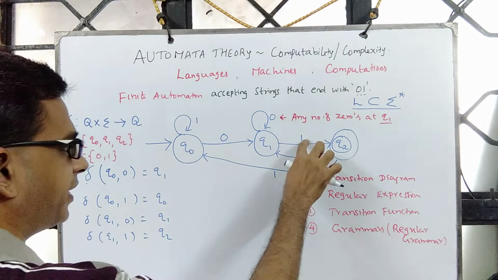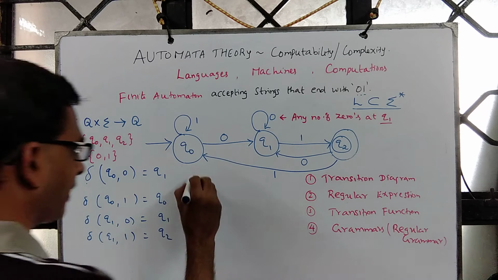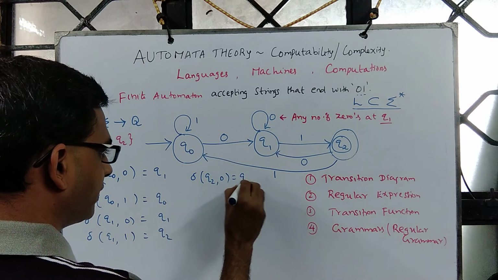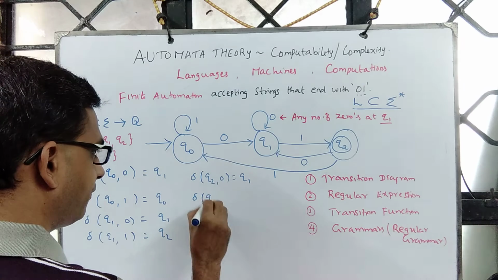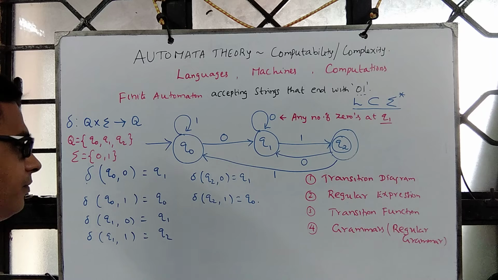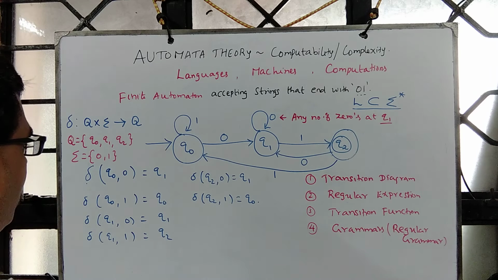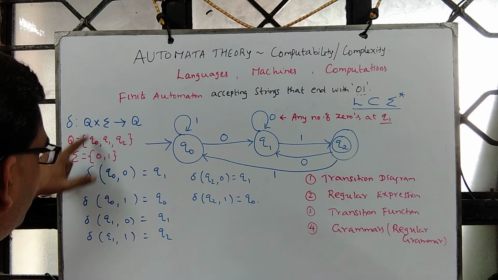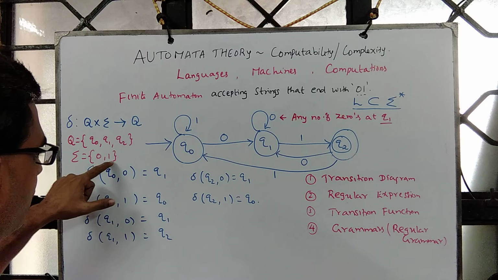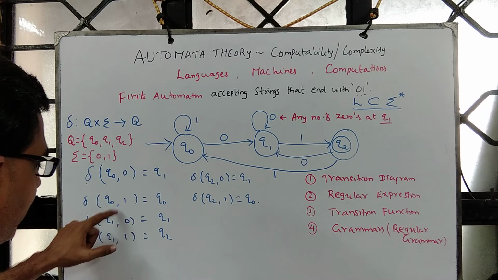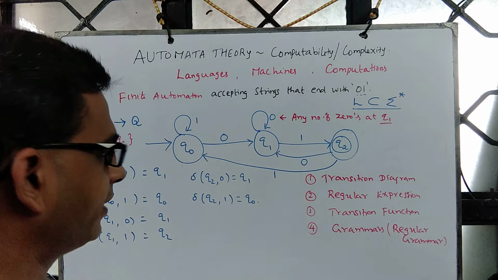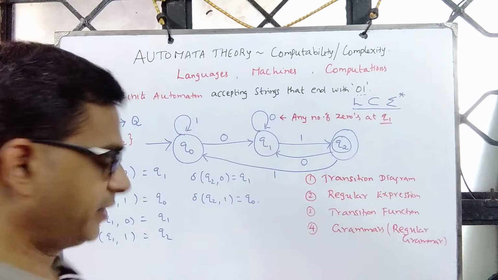From q1, on reading 1, we go here. And delta of q2 comma 0 is q1. Delta of q2 comma 1 is q0. Please note, Q has 3 elements, sigma has 2 elements, so the cross product has 6 elements. For all of them, the mapping is defined.